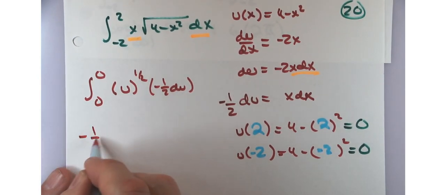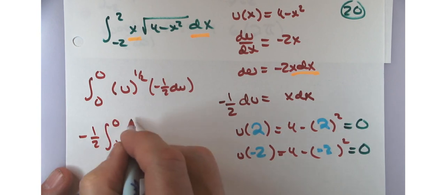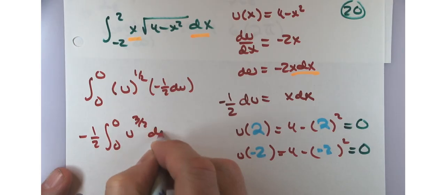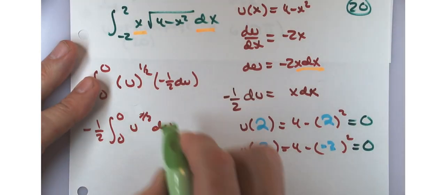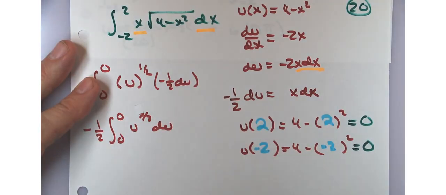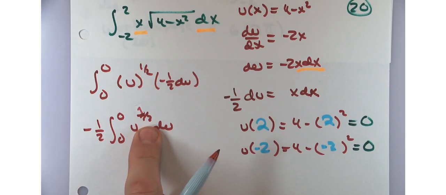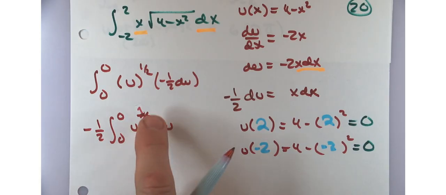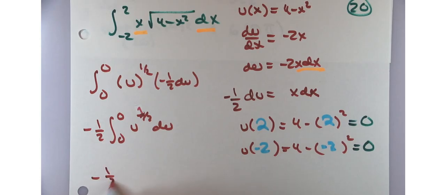Negative 1/2, the integral from 0 to 0 of u to the 1/2 du. The antiderivative of that is going to be u to the 3/2 times the 2/3. So I'll end up with negative 1/2 times 2/3, 0 to 0 of u to the 3/2.